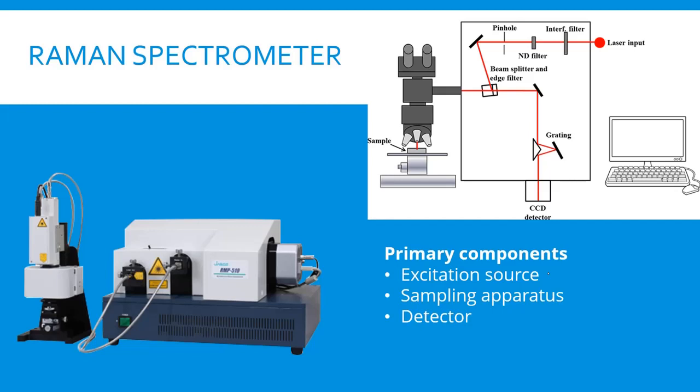So these lines we are going to get from the sample. The scattered light which we are going to get is very feeble. Most of the scattered radiation will be the Rayleigh radiation itself, that is, of the frequency of the incident light itself. Only a small amount will be Stokes and a very small amount will be anti-Stokes.